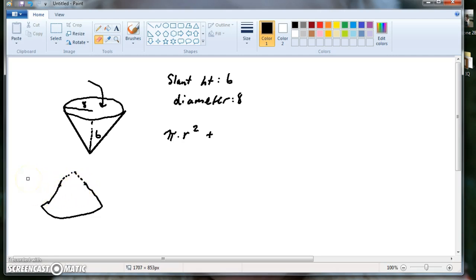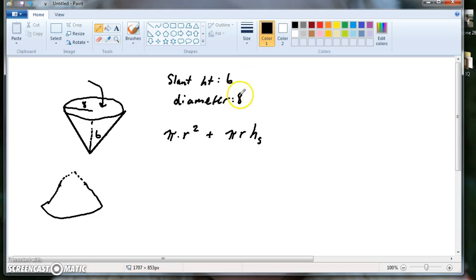It's rounded, so it's a little different shape. But to find the area of that, you just do pi times r times the slant height. Okay, so they gave us everything we needed.